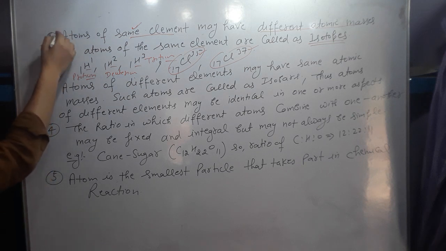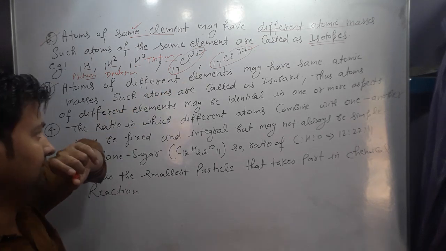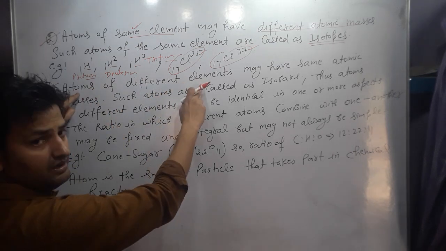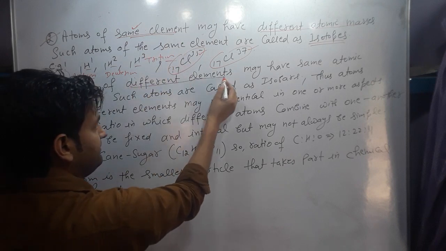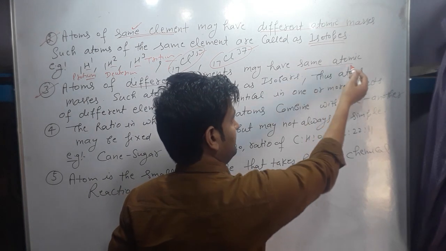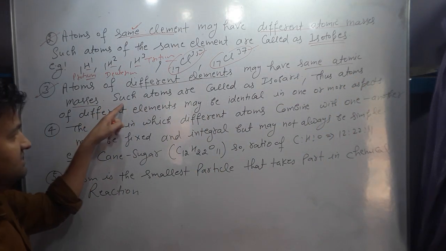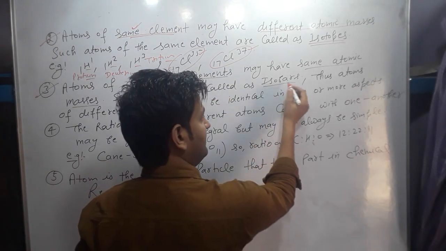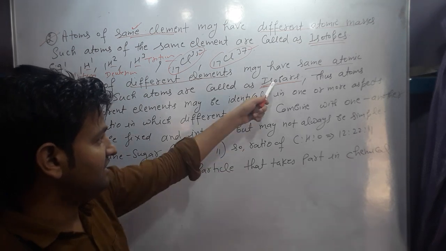The third point of the modified Dalton atomic theory is that atoms of different elements may have the same atomic mass. Such atoms are called isobars. It is also an important term. First term is isotope, second term is isobar.